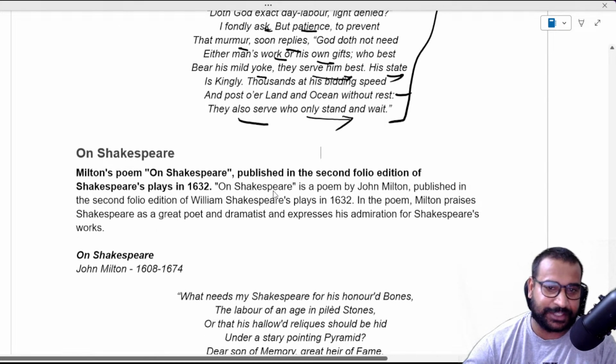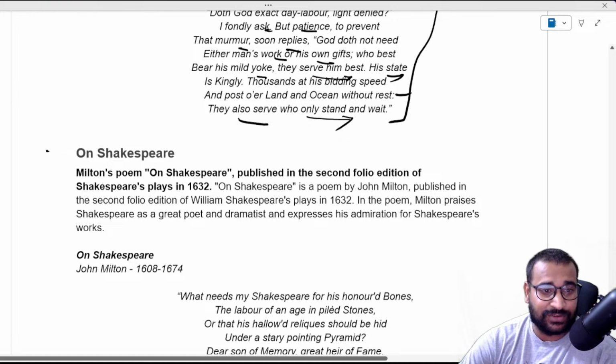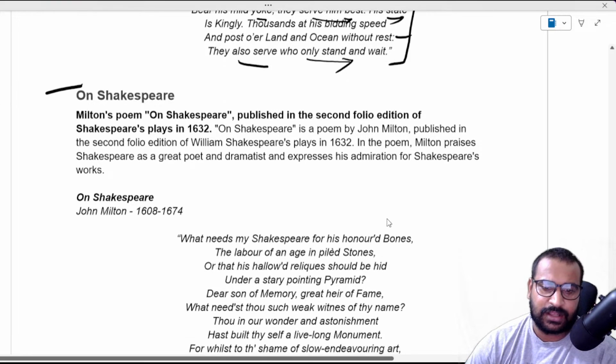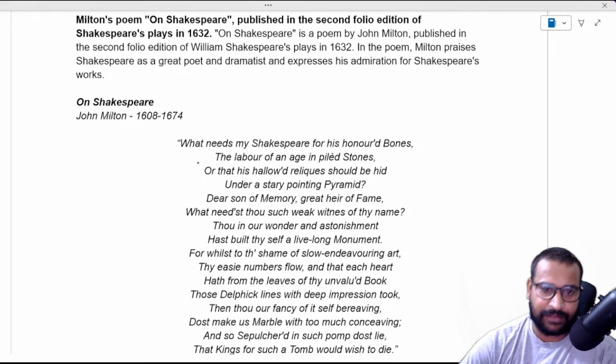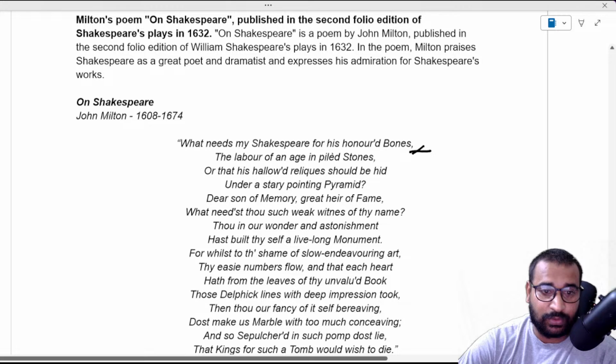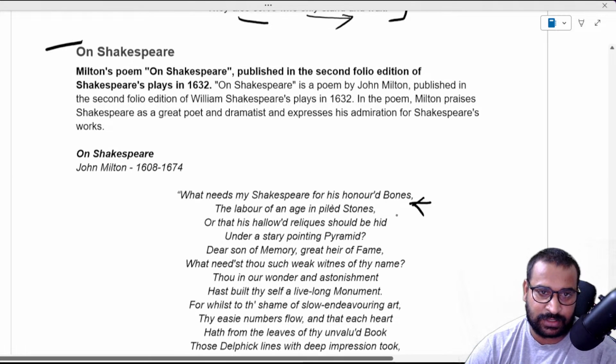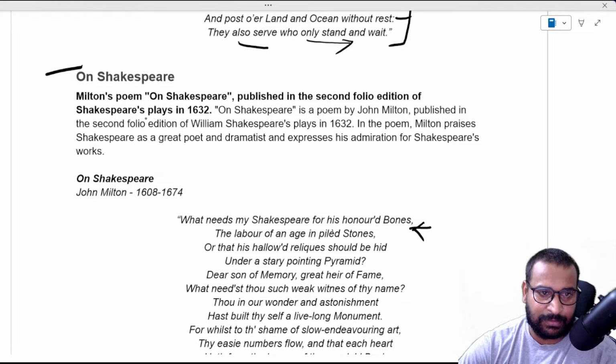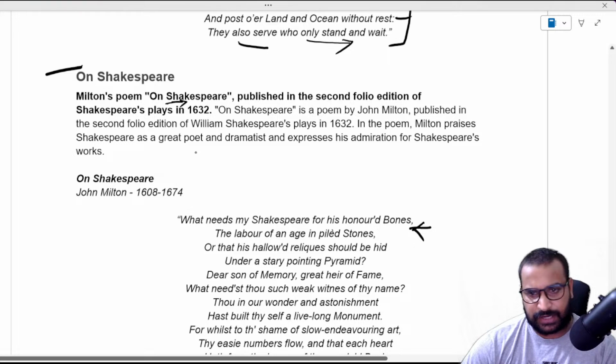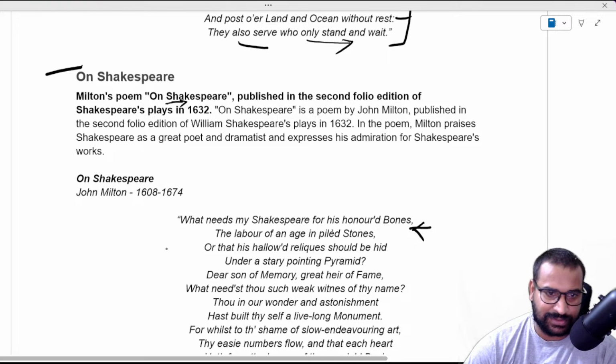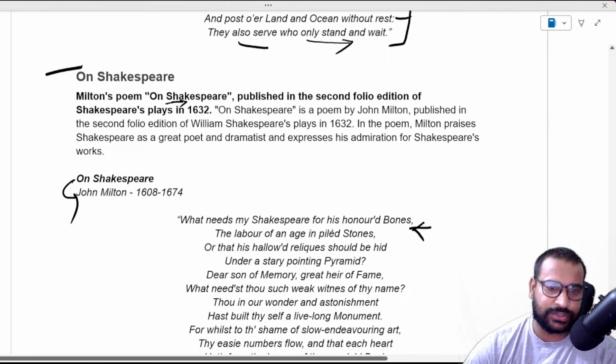And on Shakespeare, another sonnet was there, On Shakespeare. Very important, the opening line we have: What needs my Shakespeare for his honoured bones, the labour of an age in piled stones. So the question was there about Shakespeare recently, like 3 or 4 years ago. They asked about On Shakespeare, like who wrote it. So it was John Milton.